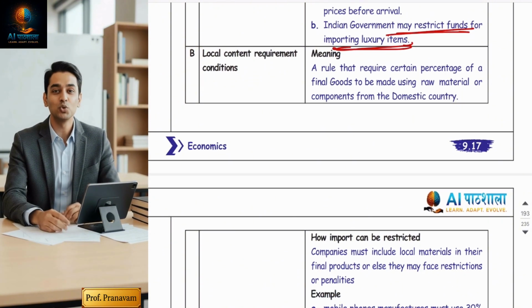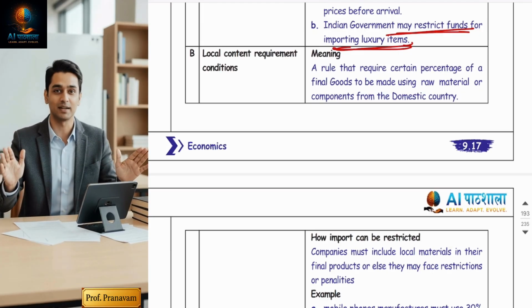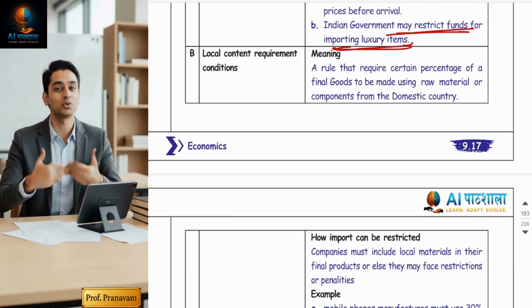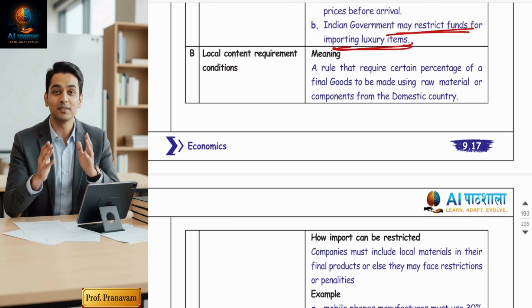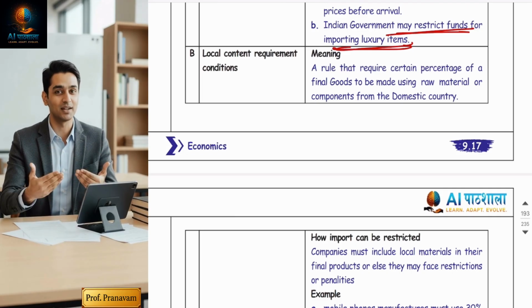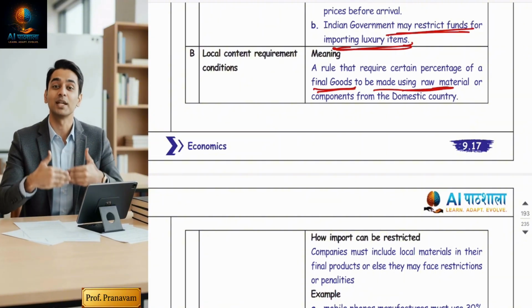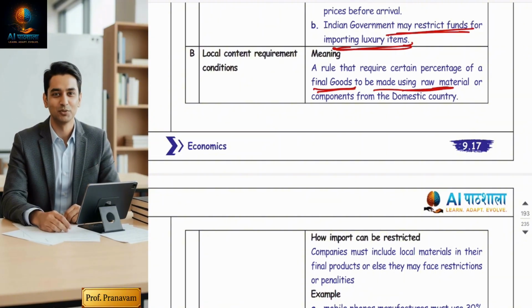Local content requirement condition: what is the meaning of this? First, you understand the meaning. Government can impose rules that a certain percentage of final goods must be made using domestic components only.